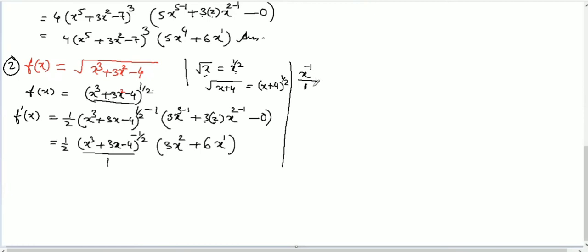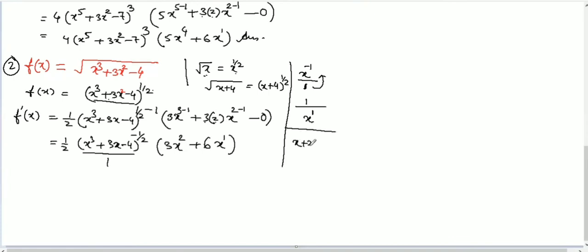So we will take the reciprocal of x to the power minus 1 over 1. This 1 will go up, so 1 over, and this x to the power minus 1 will go down. When this goes to the denominator, the minus power will become a positive power. So x to the power, don't write minus 1, it will be x to the power plus 1. Take one more example.